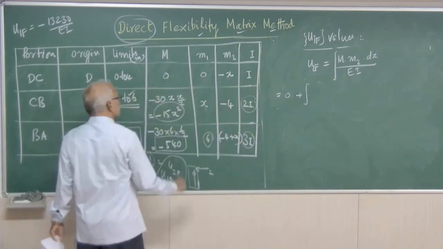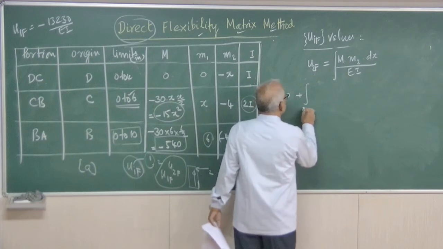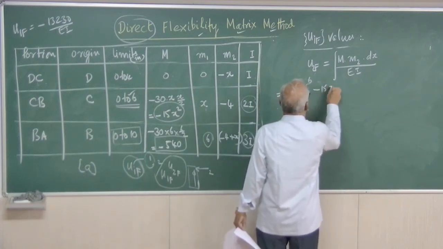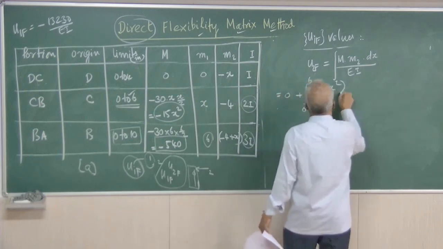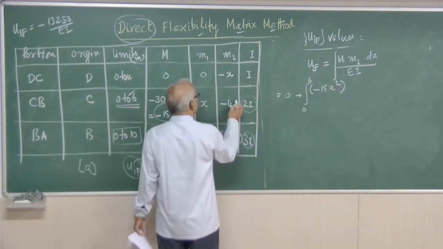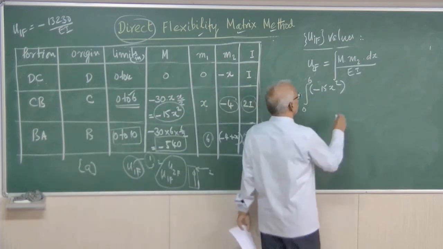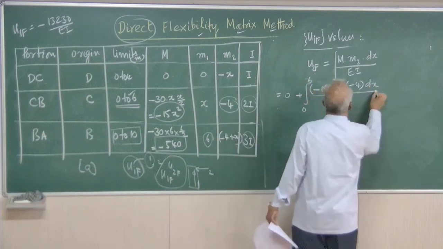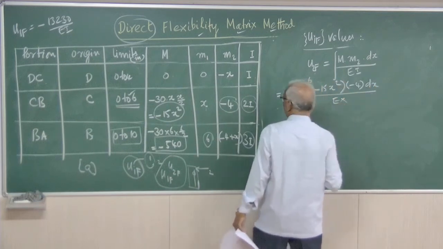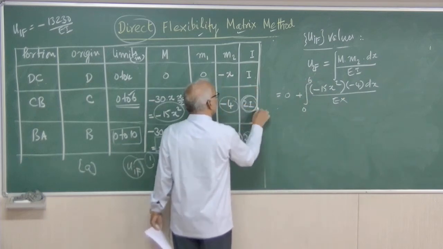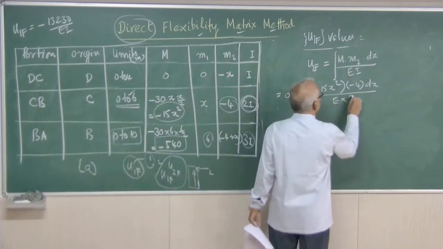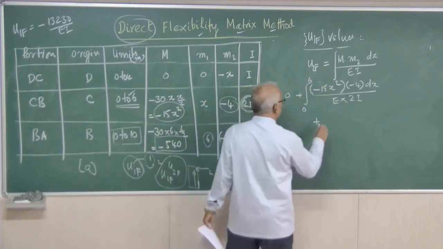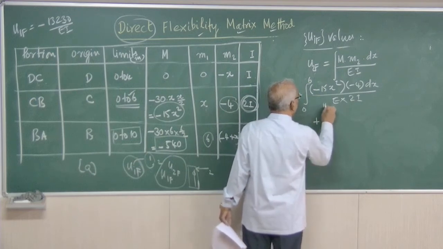Plus for the second one, limits are 0 to 6, M equal to minus 15x square into M2 equal to minus 4 into minus 4 into dx by E into 2I. This is very important, E into 2I. Plus, for the third one, limits are 0 to 10.